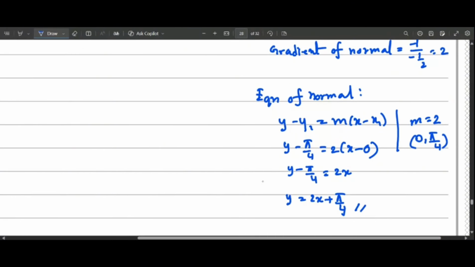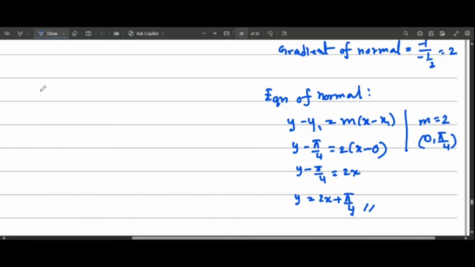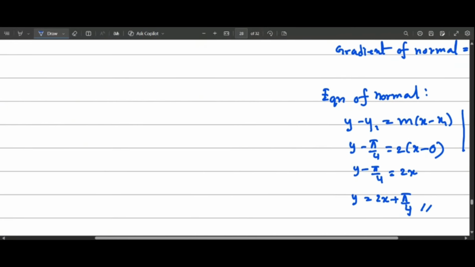Now we are told to find the intersection point between the normal and the tangent. So we can equate the two equations to find the intersection point. We know the equation of the tangent is y equals half x plus 7 by 12 pi. And we also know that y equals 2x plus pi by 4. We can equate these two equations.